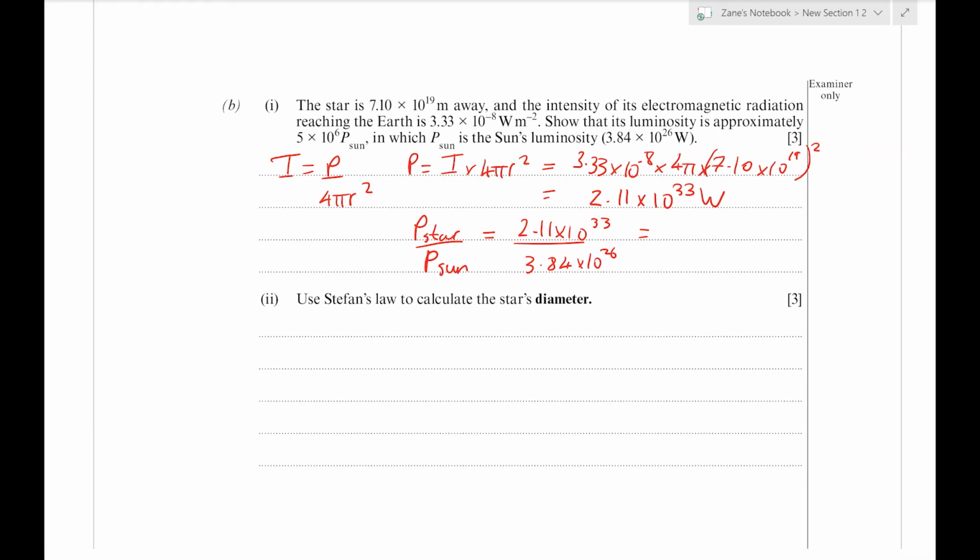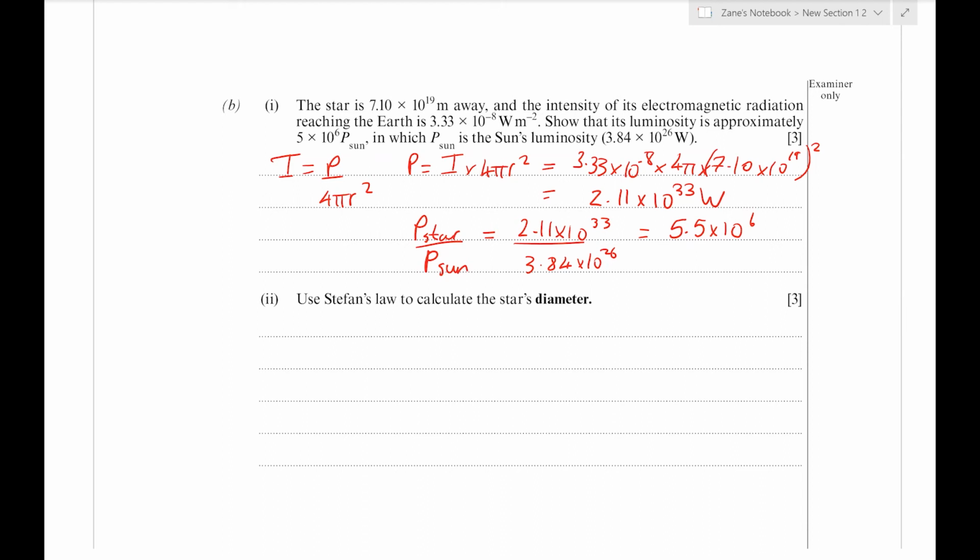Just storing that number in a memory first of all, just in case I need it in a minute. Right, so we divide that by 3.84 times 10 to the 26, and we end up with about 5.49 million. So let's say 5.5 times 10 to the 6, which is roughly what we were asked to do in the question, show that the luminosity was approximately 5 million times the power of the Sun.